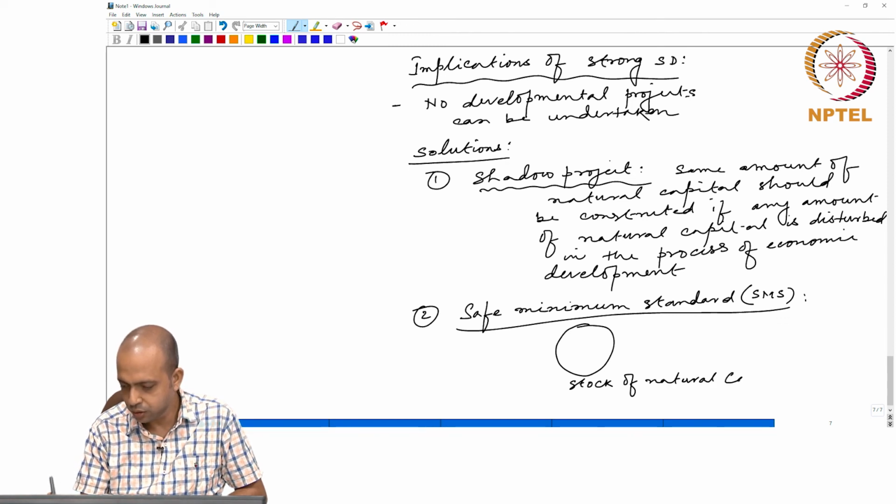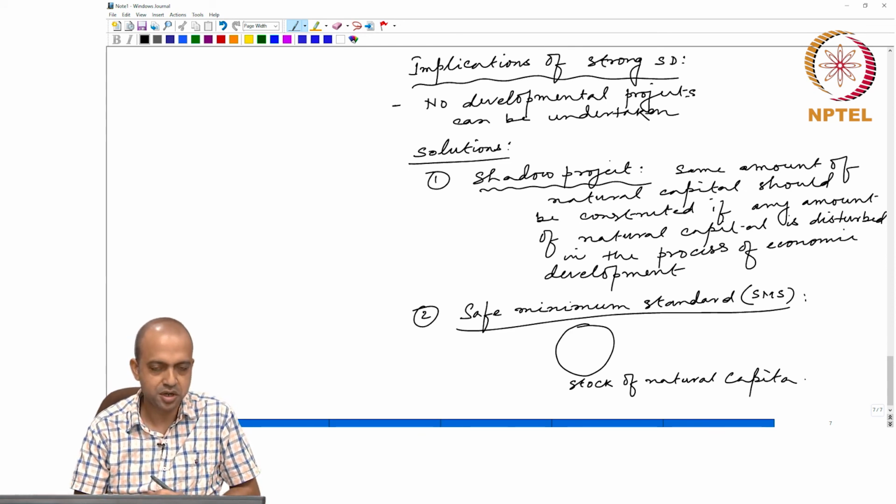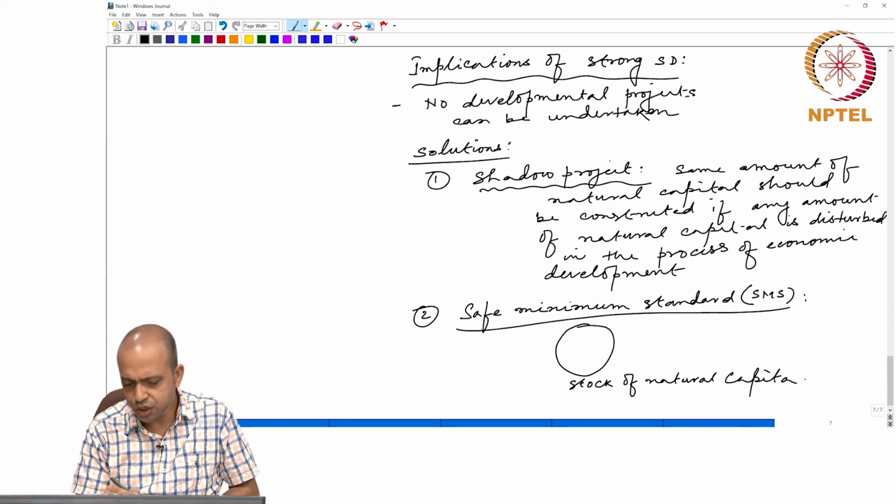Let us say this is a forest. So, instead of disturbing the entire amount of forest, what we do? We must ensure a safe minimum standard. Let us say this is the SMS.